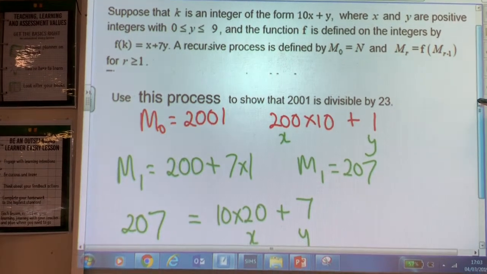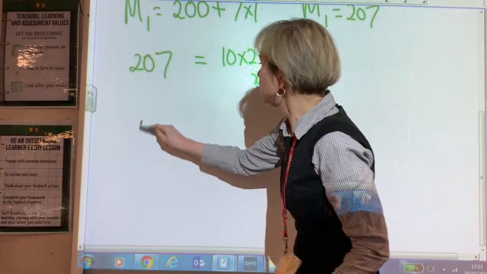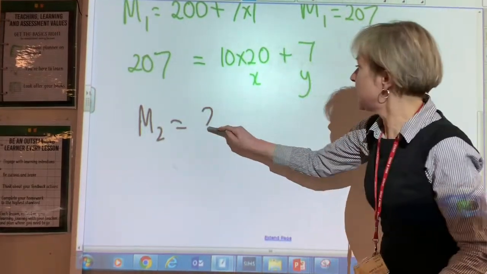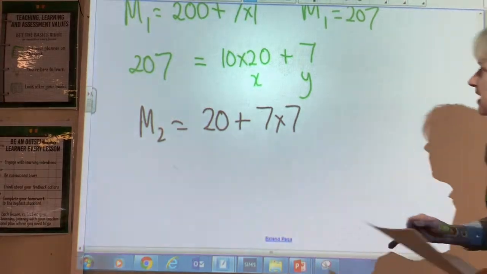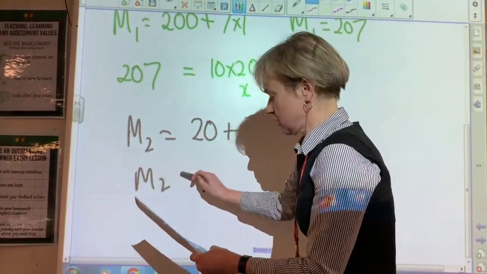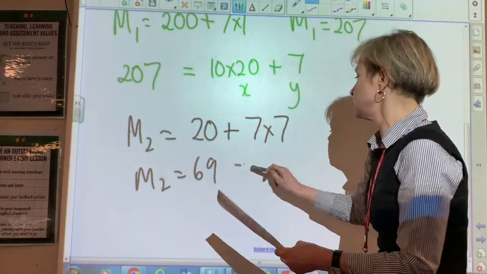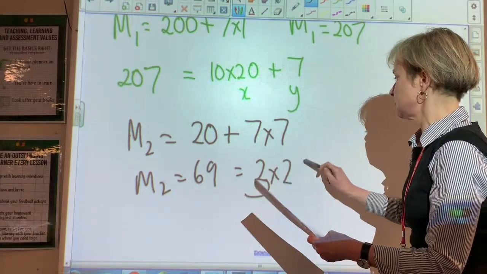So m2 will be x plus 7y, so m2 will be x plus 7 times 7. That's going to give you m2, which is 69, which we know is 3 times 23.